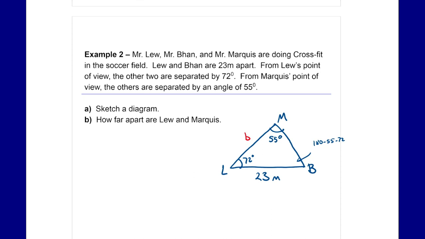That missing angle is 53 degrees. So I could find that extra information if I wanted to. I can clearly see that it is not a right angle triangle, so I cannot use my primary trig ratios. So I have to use something different.